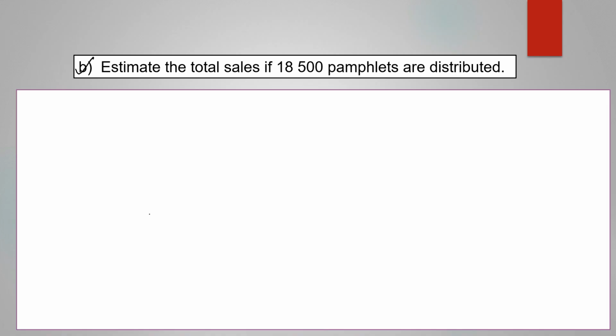B. Estimate the total sales if 18,500 pamphlets are distributed. So first of all, you should know that the unit for number of pamphlets should be in thousand, right? So here, in order to write our X, we should write 18,500 divided by 1,000. So the value of X would be 18.5.